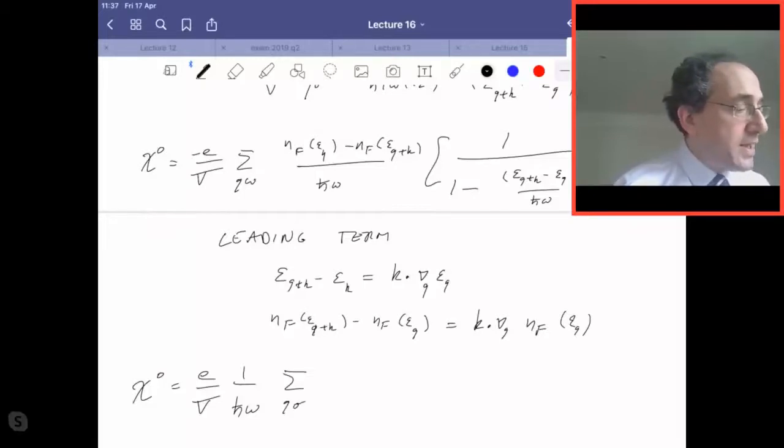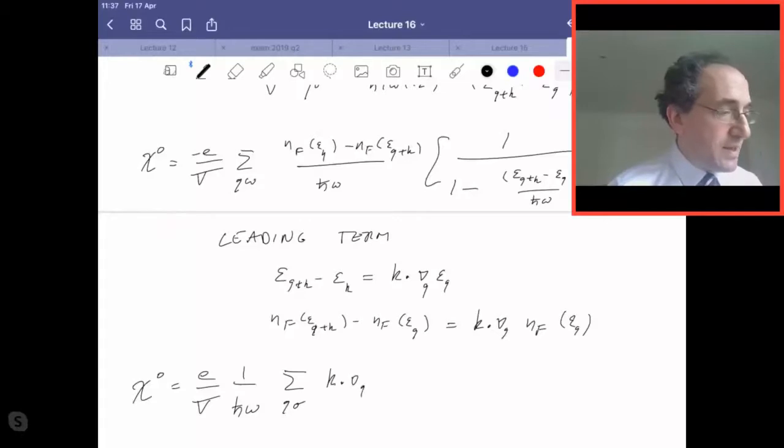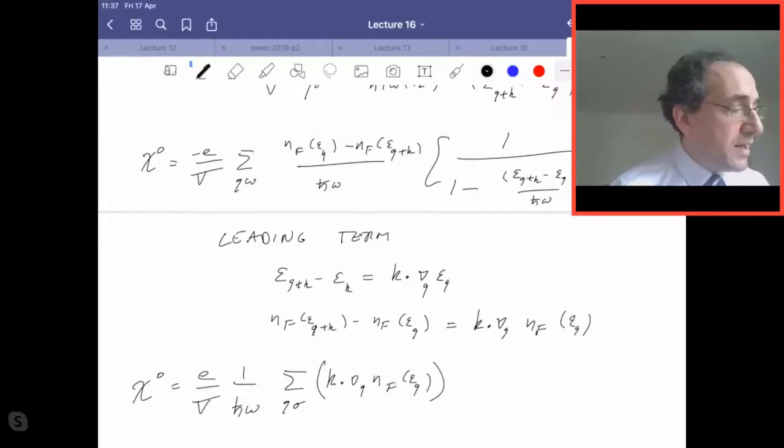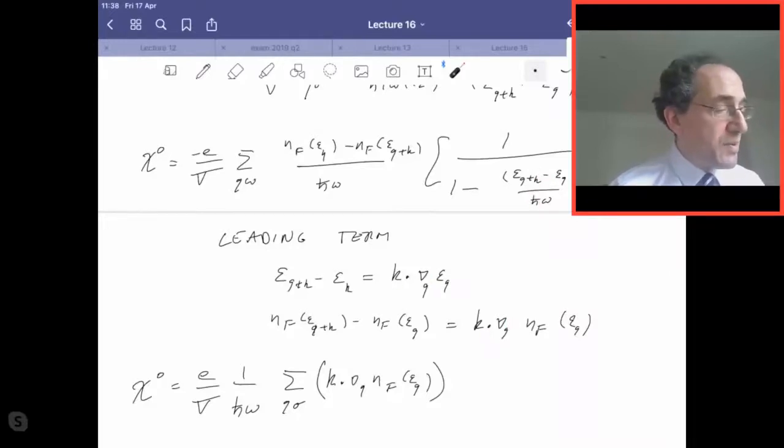The upstairs here I'm going to rewrite as k dot gradient_q of n_F of epsilon_q. And then the second term is going to be this expanded, which is now just this term divided by h bar omega, so I get k dot gradient_q epsilon_q divided by h bar omega.